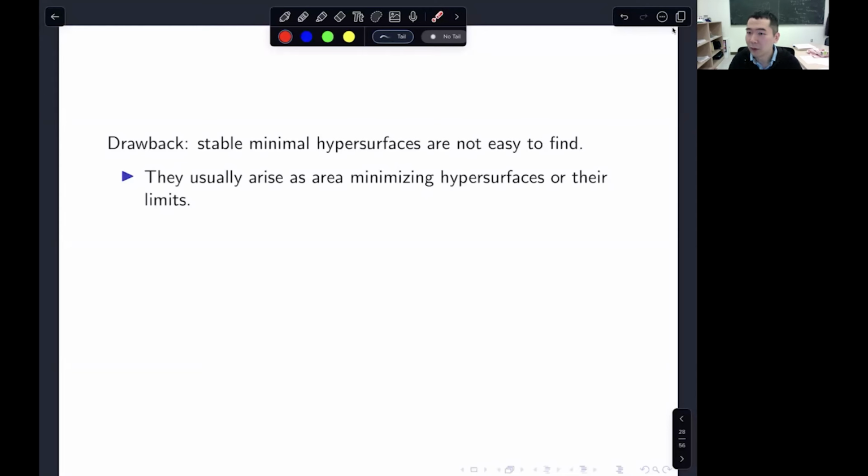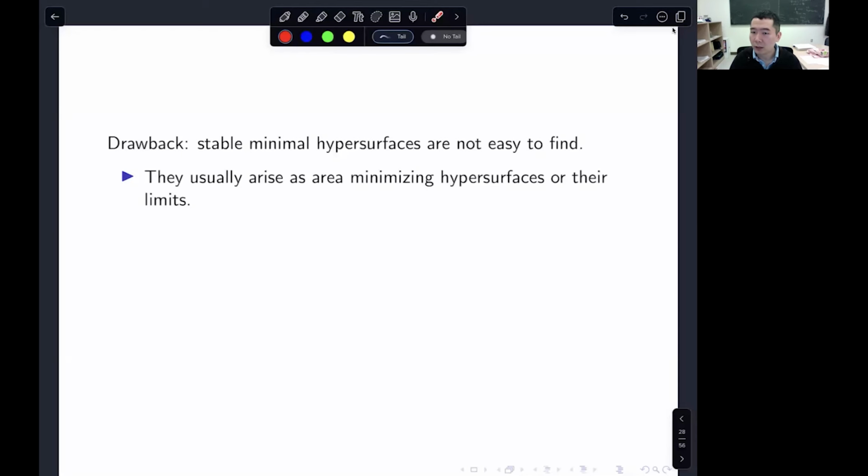If you think about how you find a stable minimal surface in the first place, the way I can usually imagine is that they arise as area minimizing hypersurfaces. If you can somehow minimize area in a homology class, of course that's stable. Or you can take limits of such surfaces, and assuming such a limit exists, then the limit is also stable.